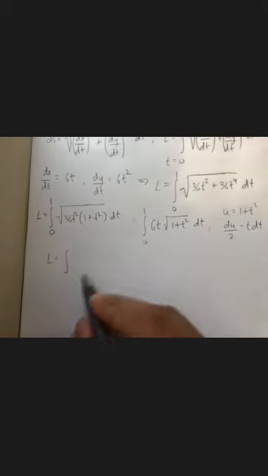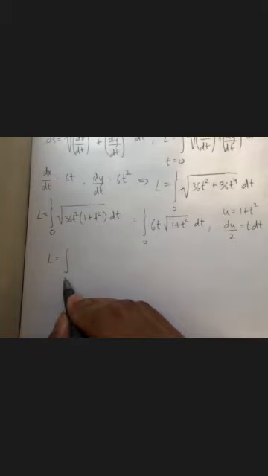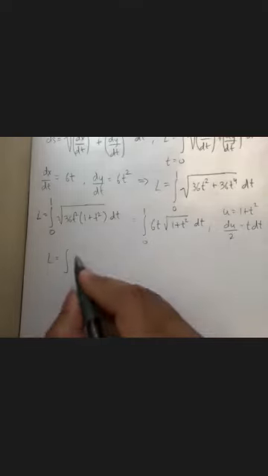Now here you have to be careful because with bounds, you should put bounds of u. So let's first write it without any bounds.